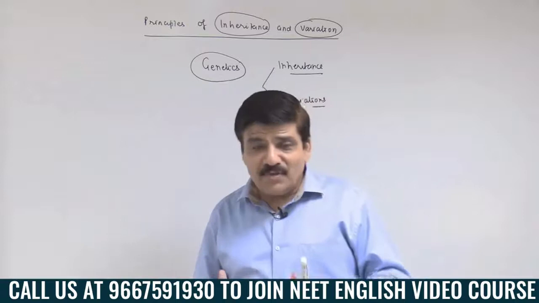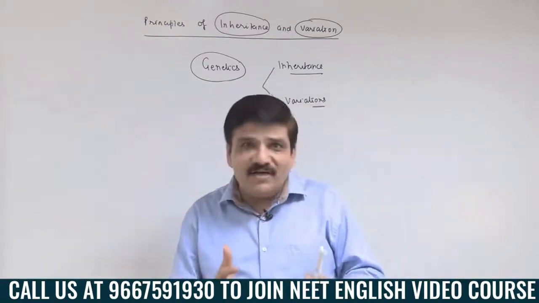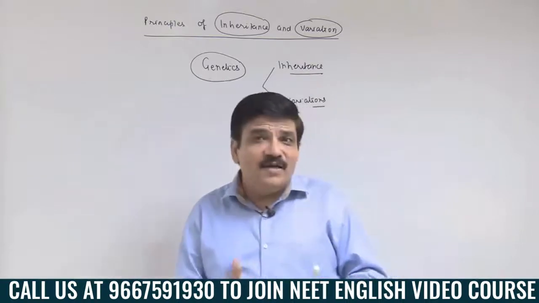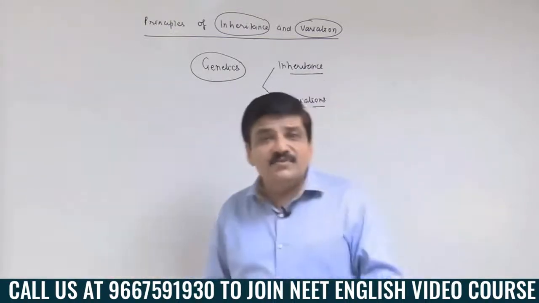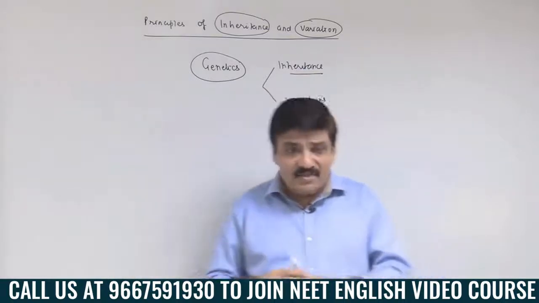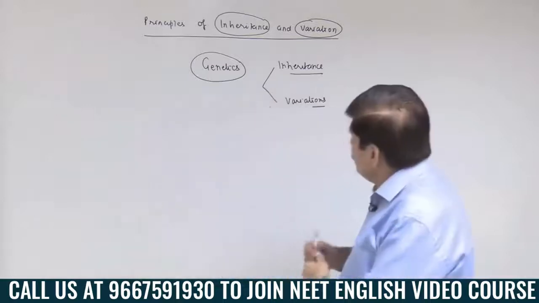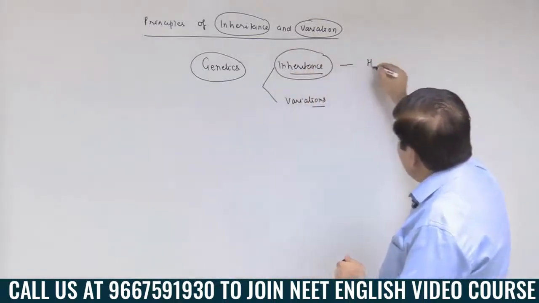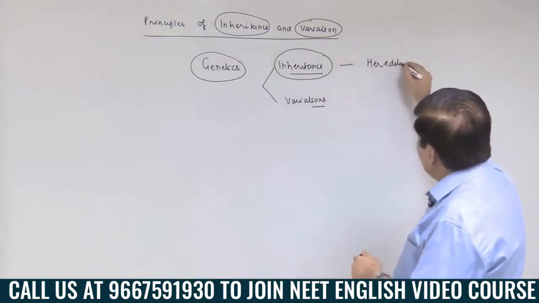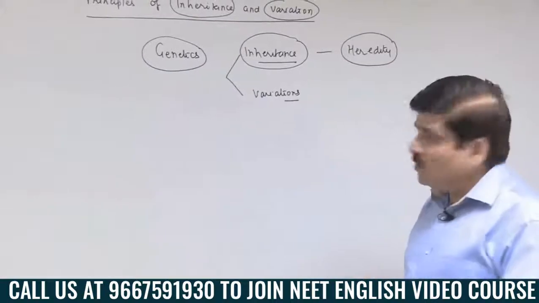That may happen. So it is not limited only to one generation, because some of the traits may not appear in one generation, but may appear in the family in a subsequent generation. So the idea is the transmission of characters from a generation to subsequent generations, and this would be inheritance. In inheritance, the concept is heredity. This is what we are going to study in this particular chapter.